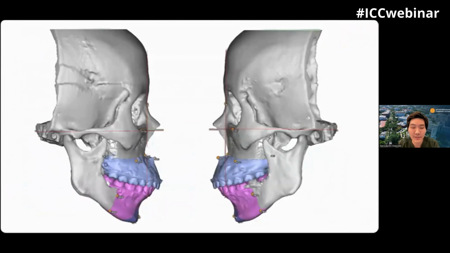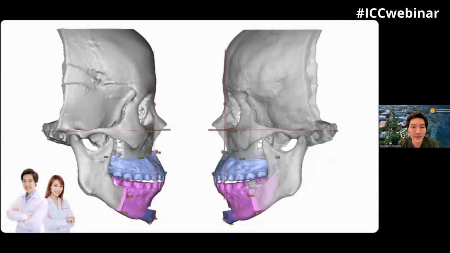This case was skeletal Class 2 with vertical maxillary excess and a gummy smile, and she had a problem with OSA. The orthodontist is Dr. Ping. We planned counterclockwise rotation of the maxillomandibular complex (MMC) and mandibular advancement.